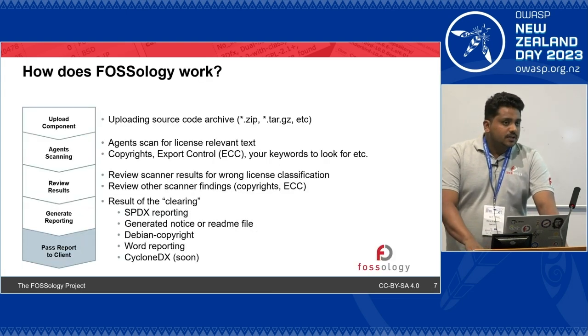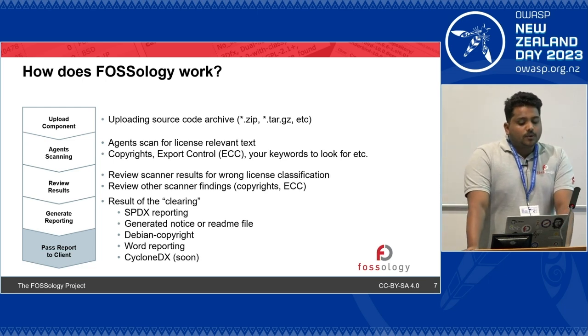So how does FOSSology work? You upload the source code archive to FOSSology. It might be zipped or anything. After uploading it, you select the required agents, whatever agents are required for you. For example, if you need to scan the licenses inside it, then you select Nomos, Monk, and Ojo, which are three agents for scanning the license relevant text.